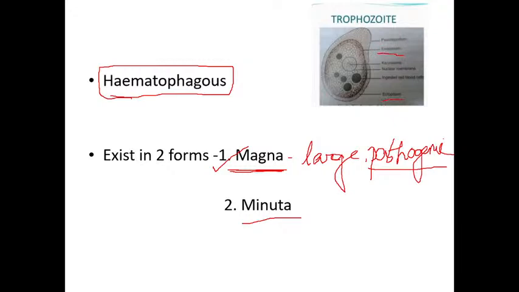See, this is darker in color compared to the ectoplasm. And here you can see the ingested red blood cells. കാരണം ട്രോഫോസോയിറ്റ് കഴിക്കുന്നത് red blood cells ആണ്. So inside the body you can see the red blood cells.